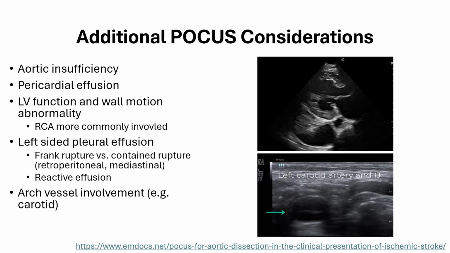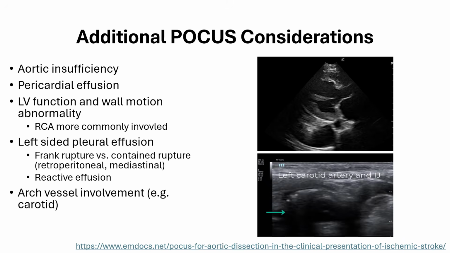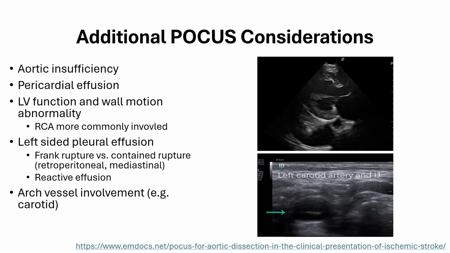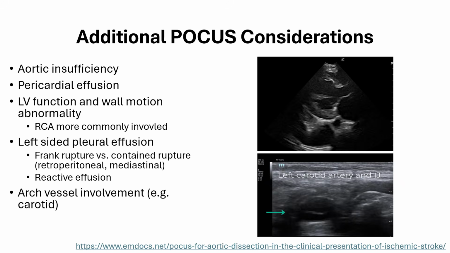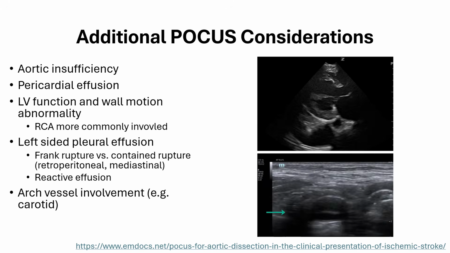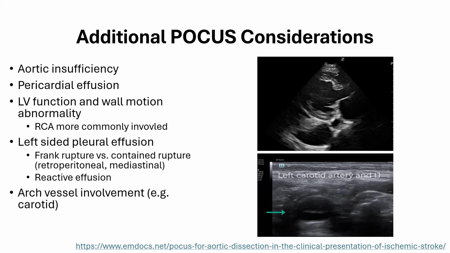Again, left-sided pleural effusion can occur because of the frank rupture versus contained rupture or reactive effusion from transudation through the aortic wall. Again, you need to assess the arch-vessel involvement with either suprasternal view or image the carotid artery and see whether the dissection flap propagates there. Please pause this video if you need more time to review this concept.